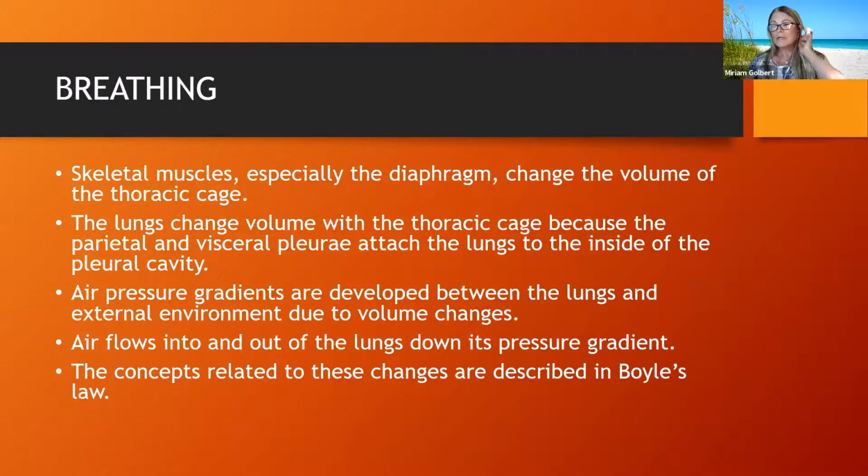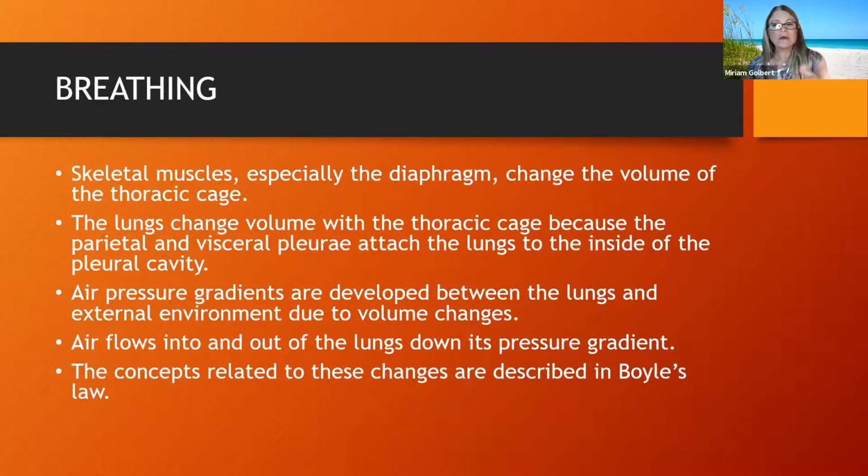So when we learned about diffusion, remember that we can go from high to low with no problem, right? Downhill, or downgrade, or downstairs. This is the same concept. The minute that we make our inhalation and we make our thoracic cage larger, the pressure inside our lungs is smaller or lower than the pressure outside.